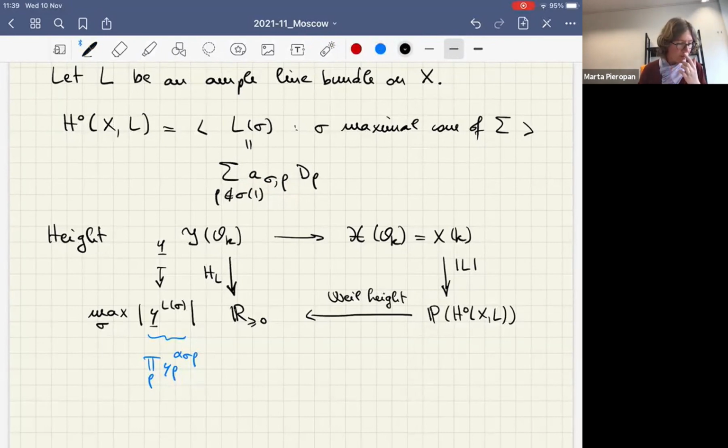Oh, I said that I would work over Z and then I forgot. Okay, so this is Z, and this is Q. So it should be a little bit more clear. We're just looking at integers, and then monomials of integers are integers again, and we just look at absolute values.